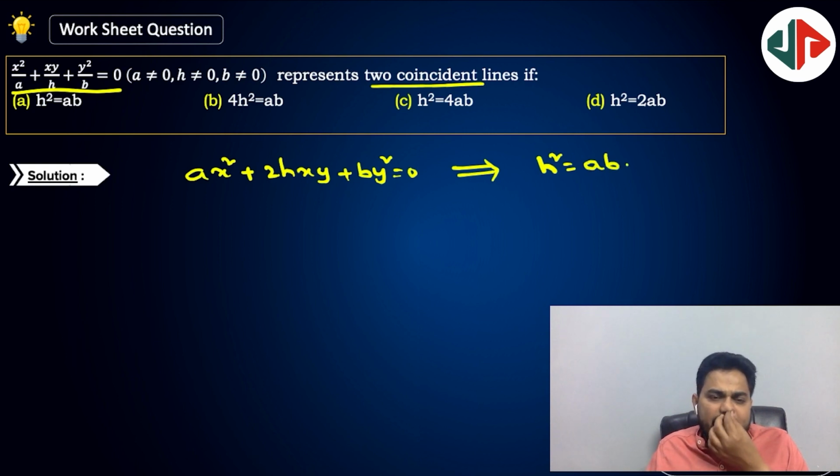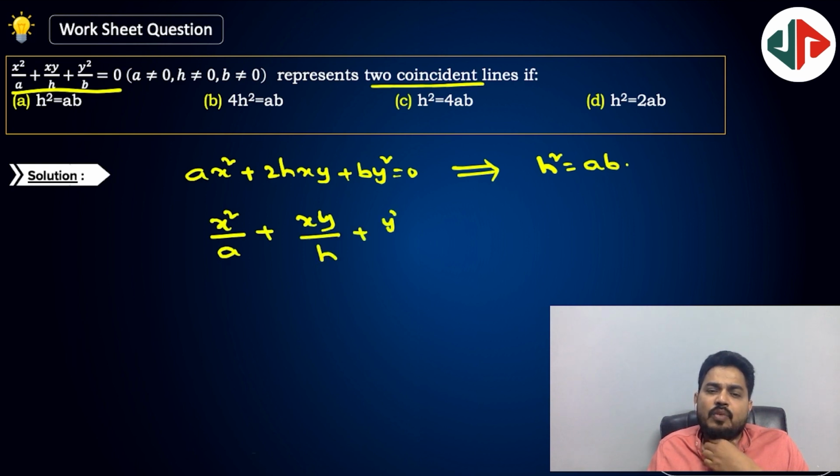So here, what is the thing? x square by a is there, plus xy by h is there, plus y square by b is equal to 0. So here, instead of 2h, 2h is equal to 1 by h.